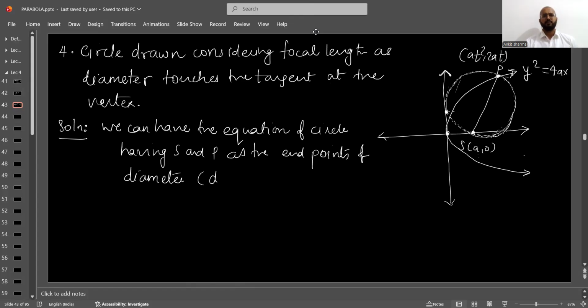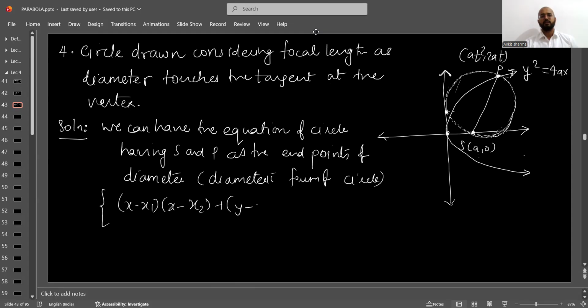It's called the diametric form of a circle. So the diametric form of a circle is what? If two endpoints of the diameter are given, I say (x minus x1) into (x minus x2), plus (y minus y1) into (y minus y2) is equal to 0. This is my diametric form.